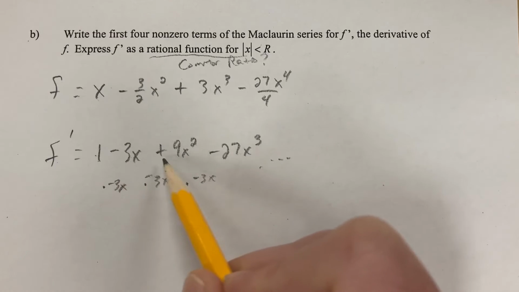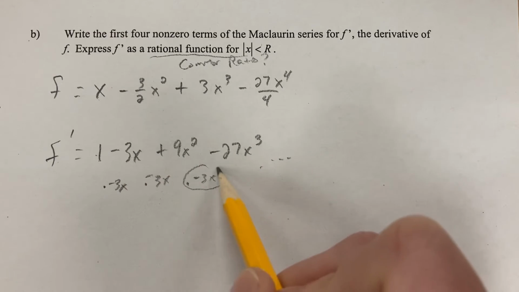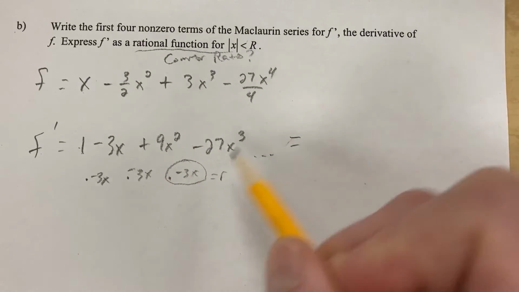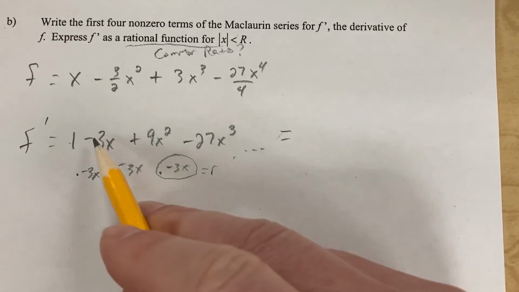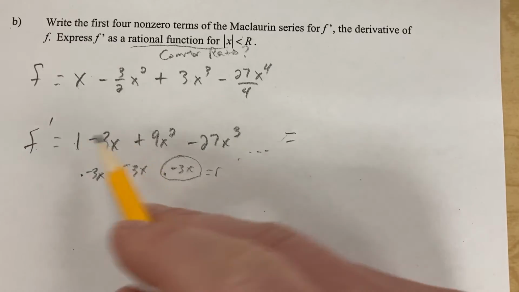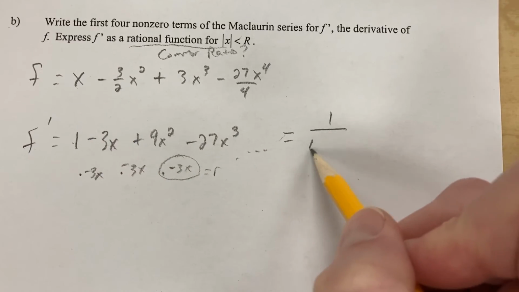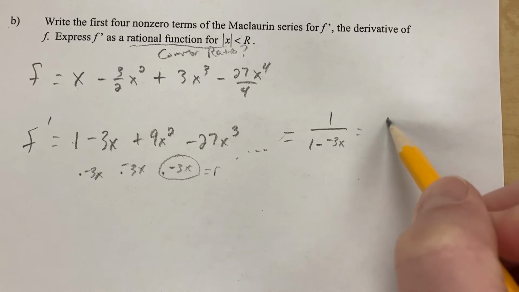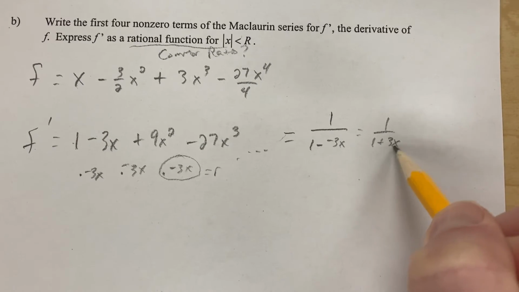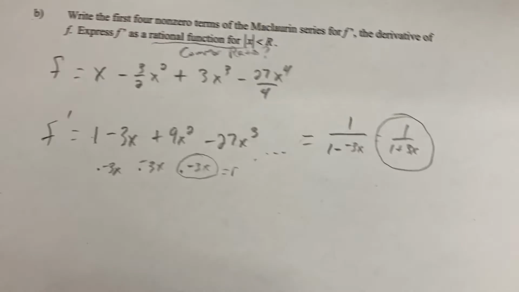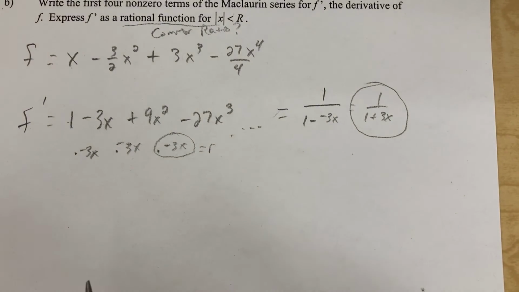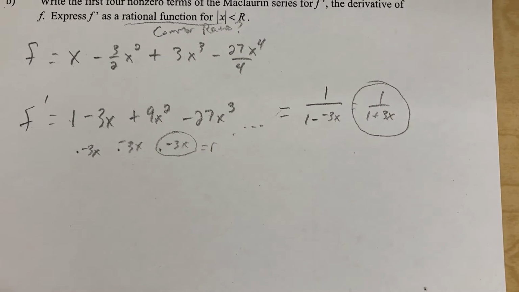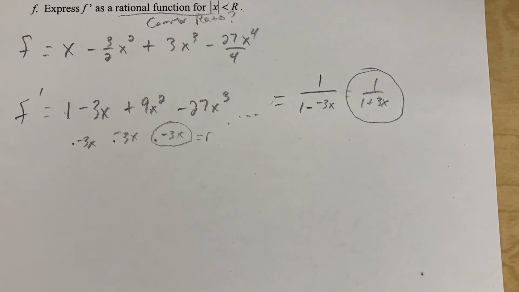To get from each term to the next term, I just multiply by -3x. That's our common ratio then. So using an infinite geometric sum, this function would equal its first term over 1 minus the common ratio. It should be 1 over 1 plus 3x. That's actually what f prime is equal to. It's crazy, but that's how we can do it, because we see a pattern there in how to get from term to term.